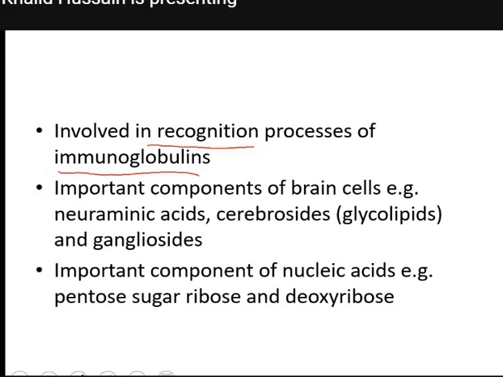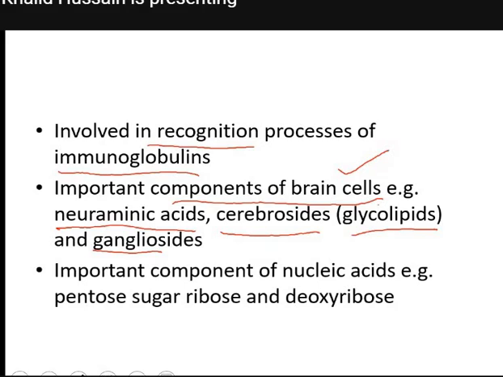Carbohydrates are also an important component of brain cells and nerve cells, like neuraminic acid, cerebrosides, glycolipids, and gangliosides. In these forms, they are important components of brain function, so carbohydrates are needed for the normal functioning of the brain cells.